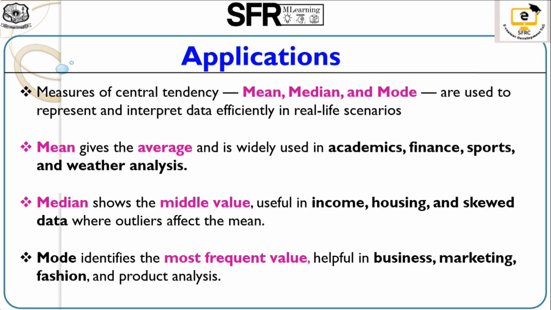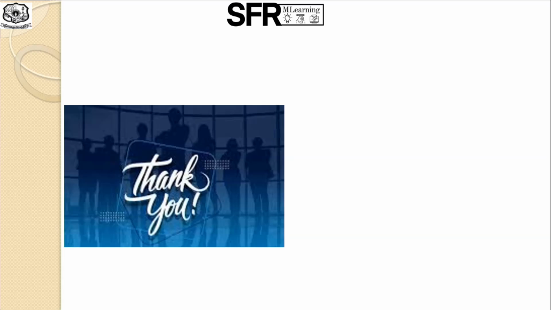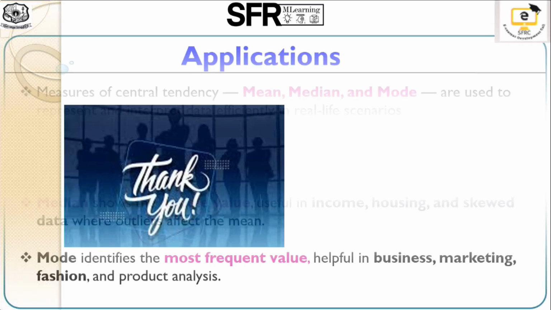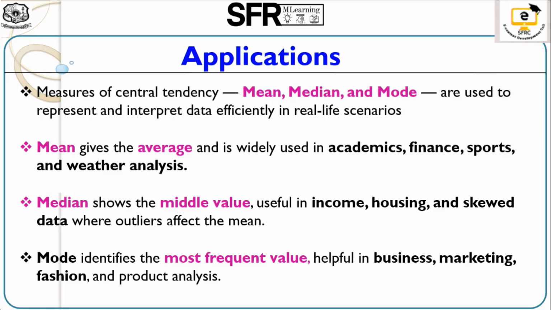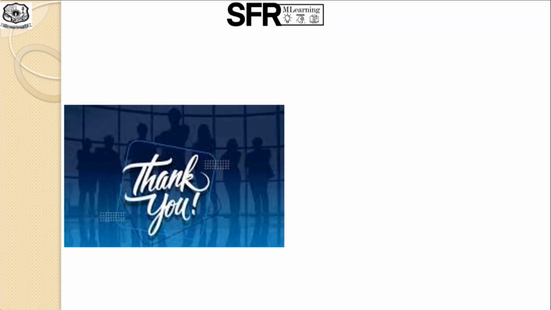The mode highlights the most frequent value, especially used for categorical or trend analysis. These tools are not just theoretical, they are applied in education, finance, business and research to support better decisions. I hope you now have a clear understanding of how to use them effectively.